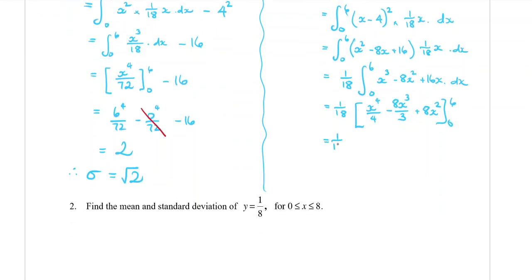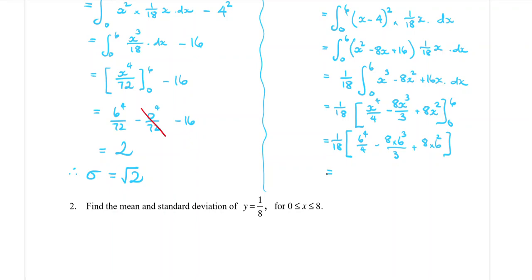So 1 over 18 out the front. We have 6 to the power of 4 over 4 minus 8 times 6 cubed over 3 plus 8 times 6 squared. Now, do I need to sub in the 0? It would all just be 0, so I'll leave that bit off.